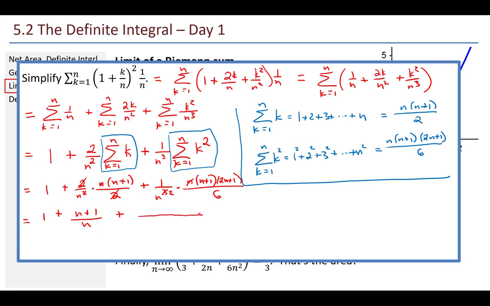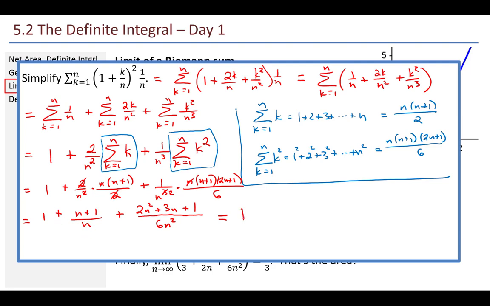And in the denominator, I'll have 6n squared. In the numerator, let me expand that out. So do some FOIL. You get 2n squared plus 3n plus 1. All right, now we're almost done. Not too much now. So I'll distribute the denominators.